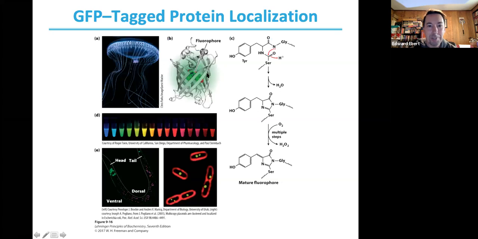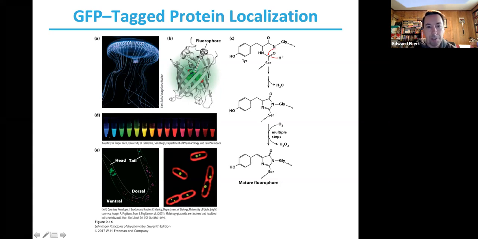Here we can see the structure of our GFP. We have this nice little beta barrel structure with a fluorophore that's trapped inside. One of the neat things, in the link that I sent you, is that you can make single point mutations that enhance the stability or the detectability of these.